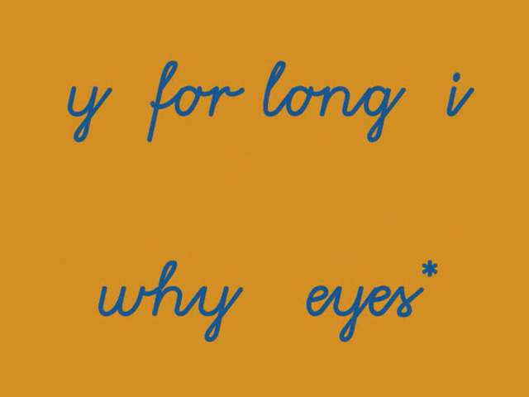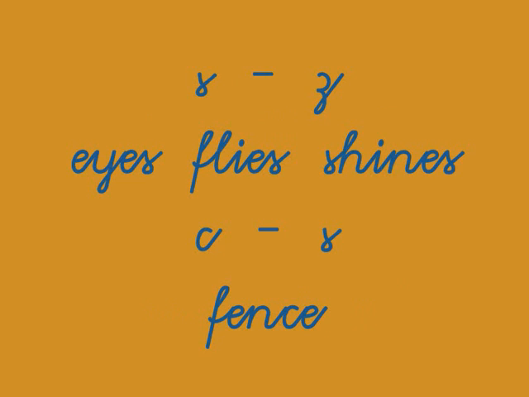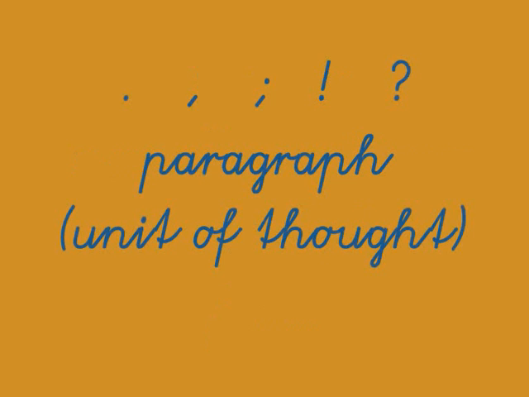We have the Y that substitutes the long I sound in the words why and eyes. And notice that we did have the S substituting the Z sound at the end of eyes, flies, shines. And we did have the C, like I mentioned, that substitutes the S in the word fence.